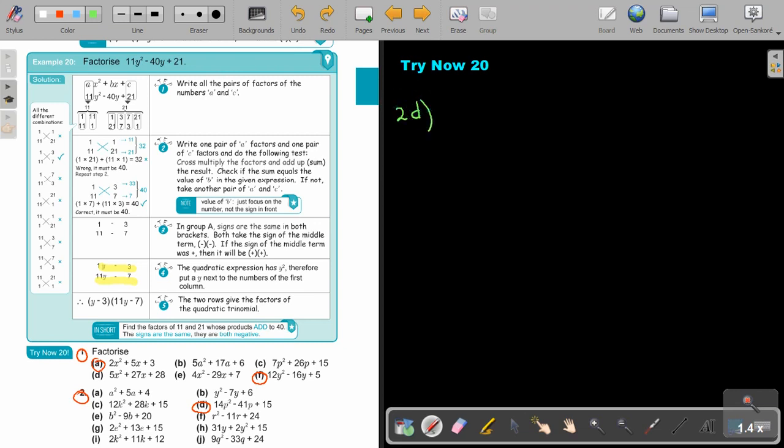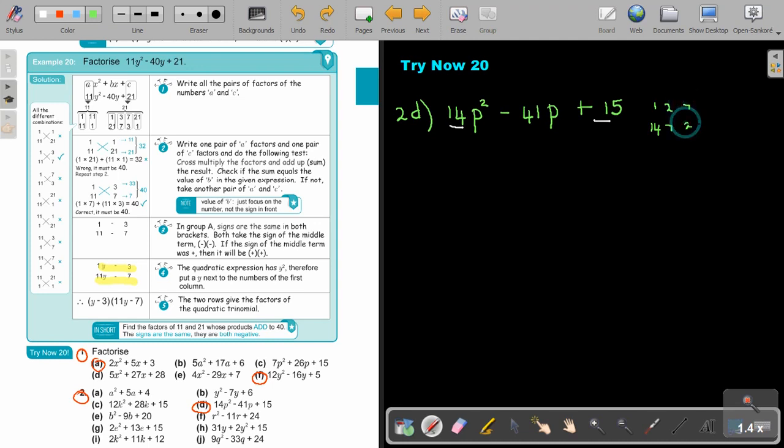So it's going to be 14p squared minus 41p plus 15. Again, this is group A. Write down the factors. This is this and this. So in 14, it's going to be 1 and 14, 2 and 7, yes, that's all.